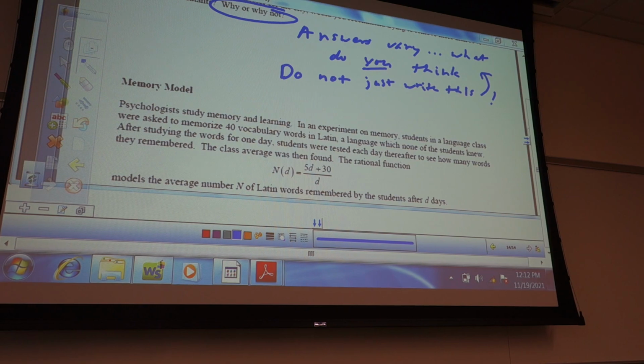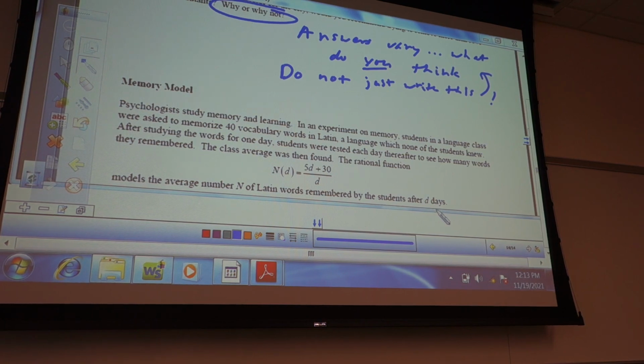After studying the words for one day, students were tested each day thereafter to see how many words they remembered. The class average was then found to follow the rational function N of d equals 5d plus 30 divided by d, where N is the number of Latin words they remembered after d days.